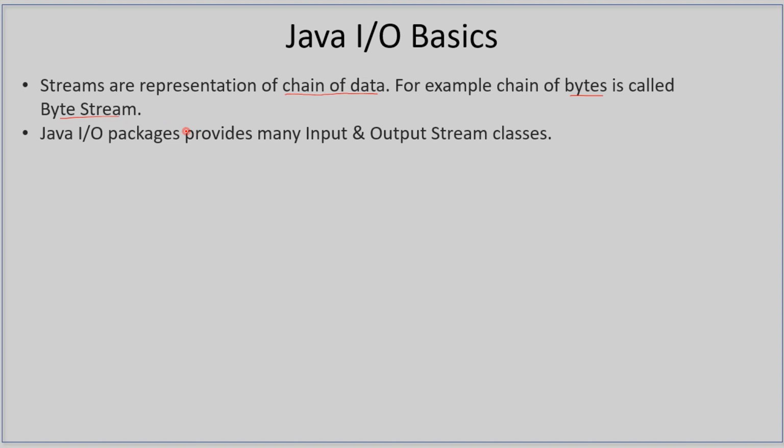The Java IO package provides many input and output stream classes, and we will see some examples in the next coming videos of this course. Readers and writers are used to handle text-based data.